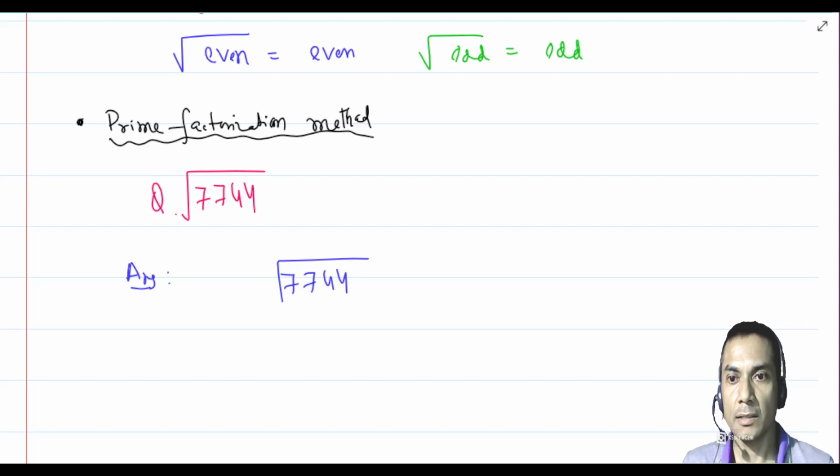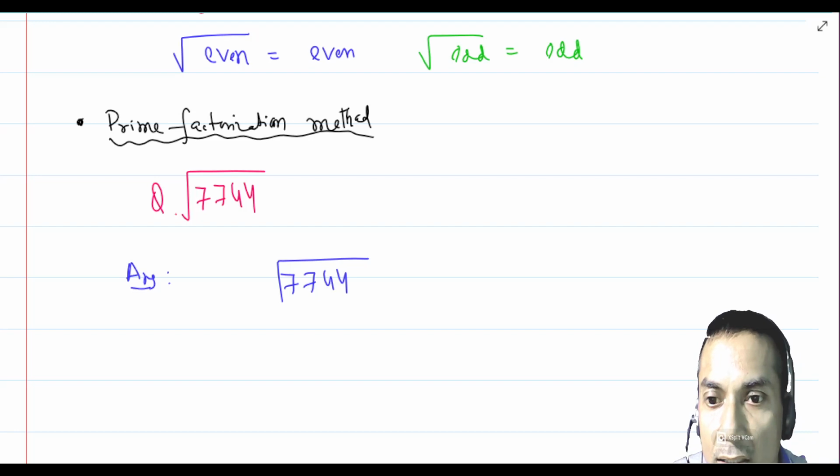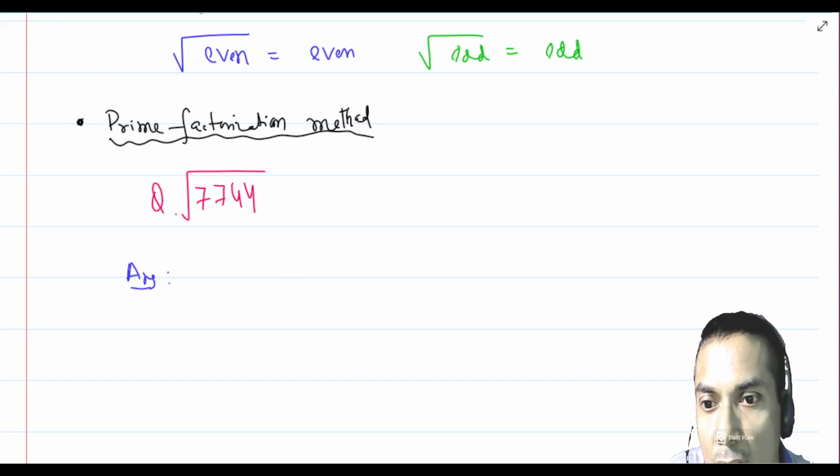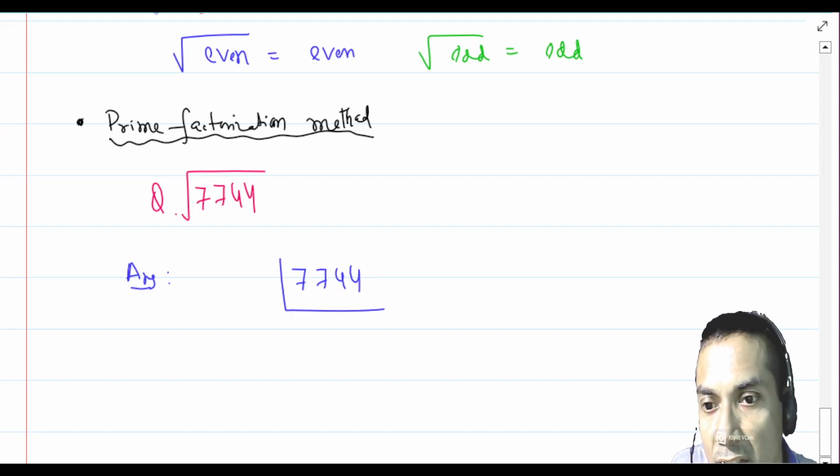There I posted shortcut tricks of mathematics videos in a separate playlist. You can check the divisibility rules. Without the divisibility rules, you cannot do the prime factorization method. Clear? So if it is 2, it means it is divisible by 2.